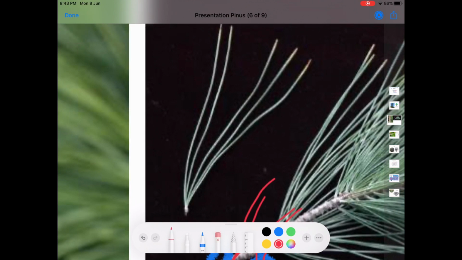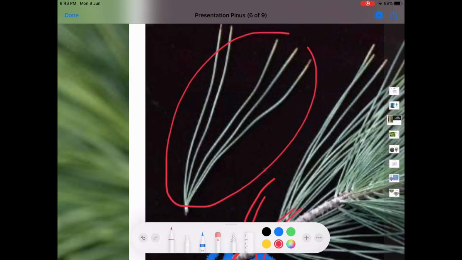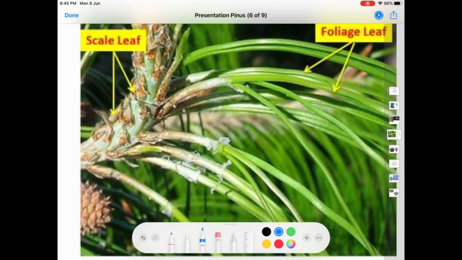This dwarf shoot with needle-like leaves is known as foliar spur, S-P-U-R. Here you can see a clear image of branch or shoot dimorphism.